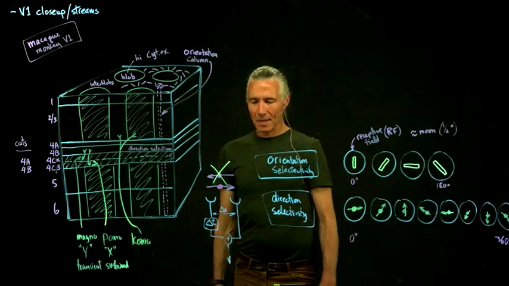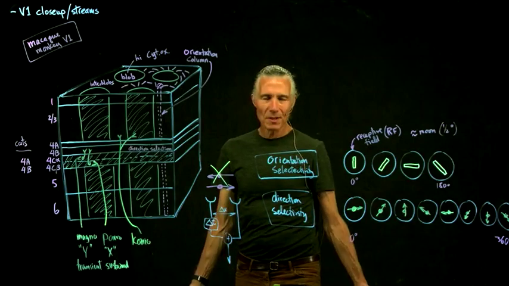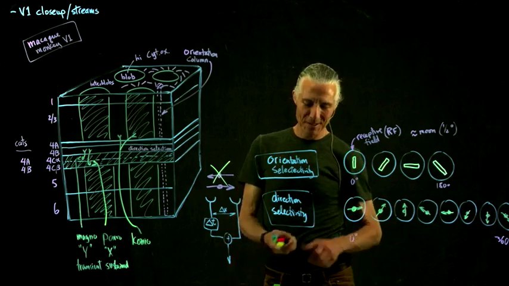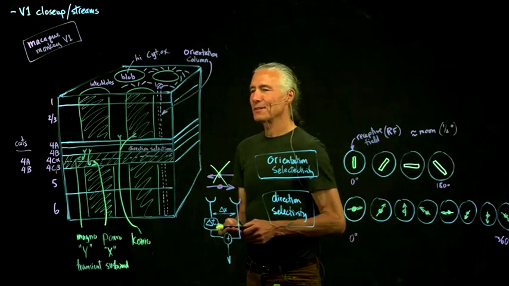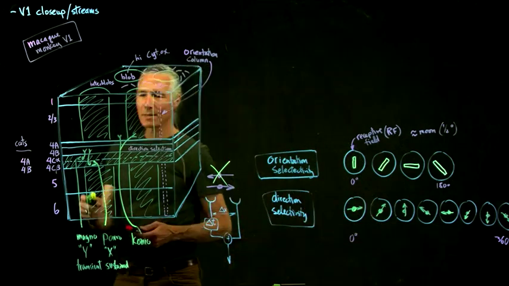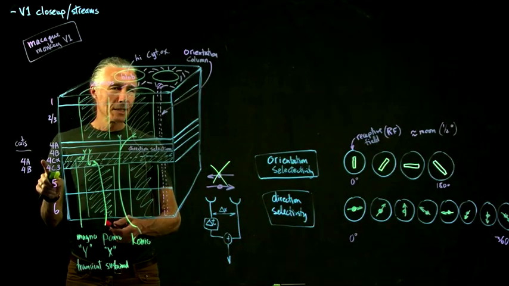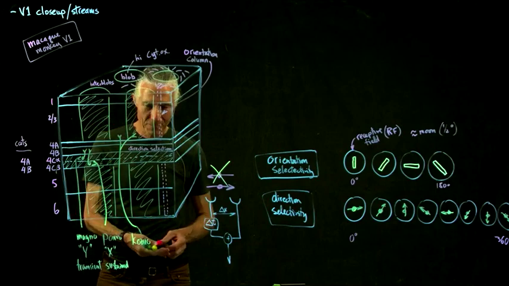Now, you might have heard of yet more columns, like what about ocular dominance columns? So it turns out if you look at the input coming in to layer 4C alpha, it mainly comes from one eye.